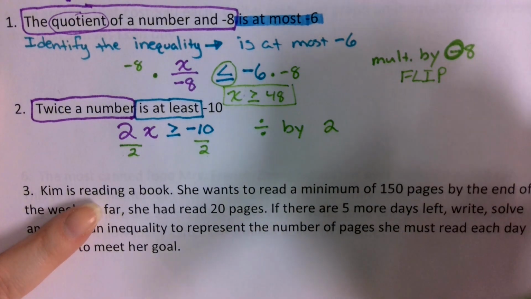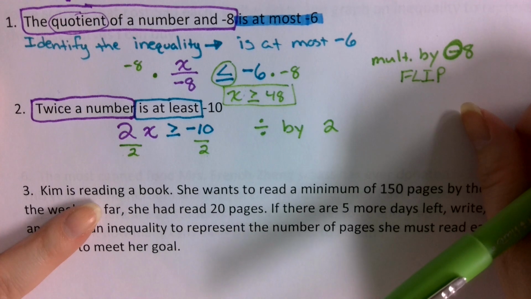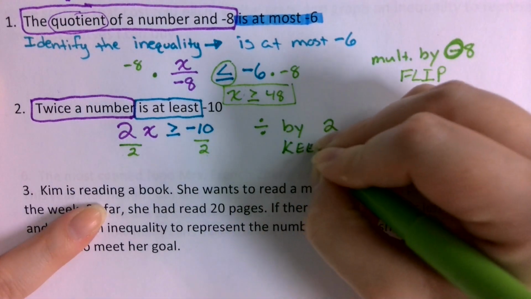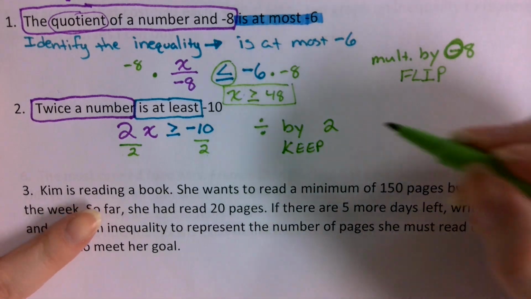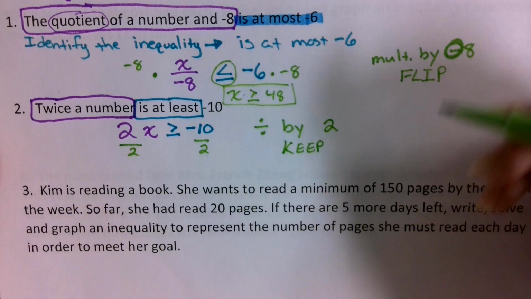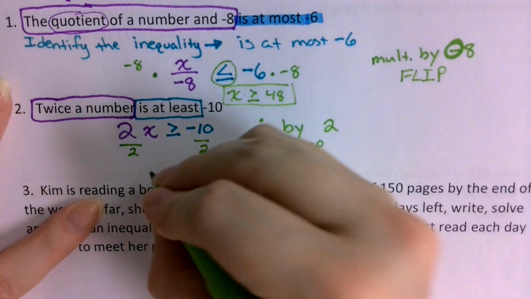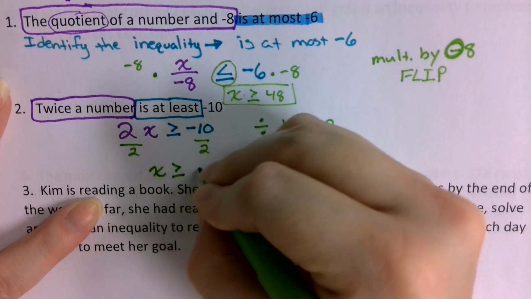Keep. If you are multiplying or dividing by a positive, you keep. If you multiply or divide by a negative, you flip. Okay? So we'll keep our symbol. X is greater than or equal to negative 5.